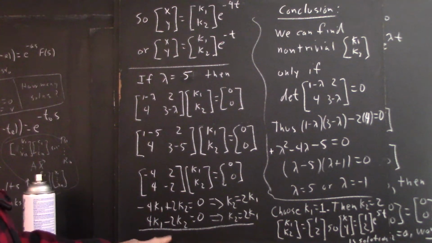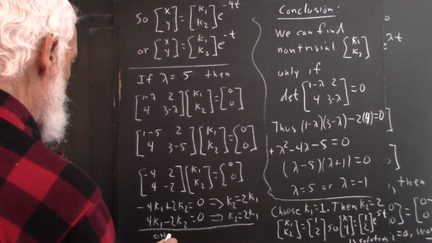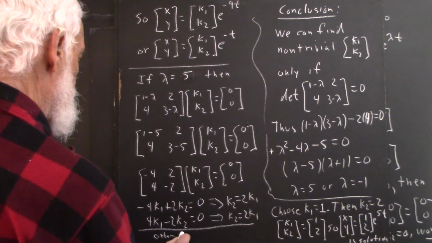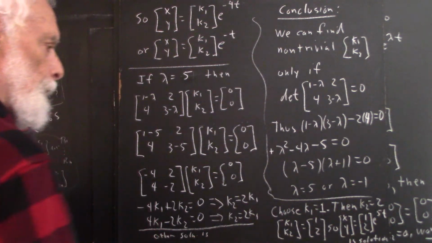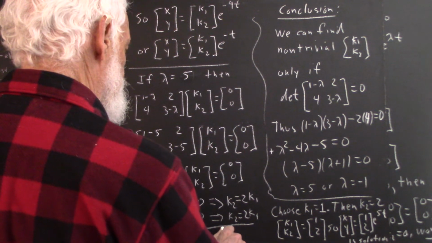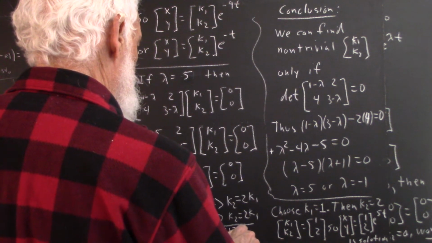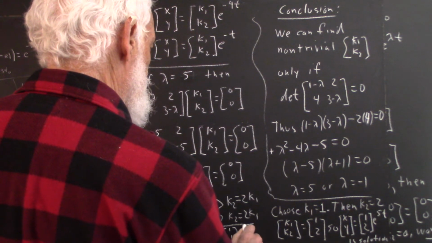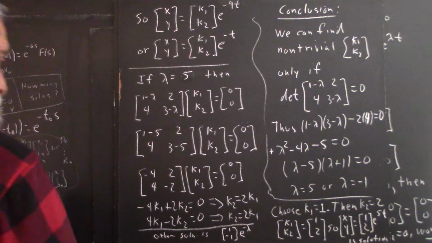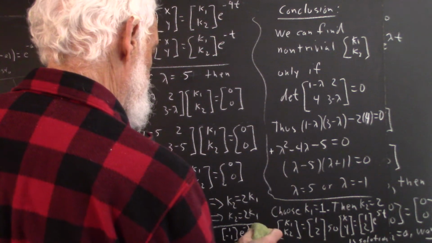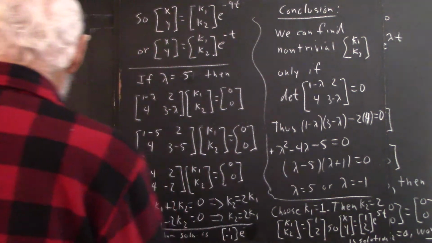The other solution, make sure I've got some room, other solution is I could write as 1, -1, e to the negative t, lambda being -1, it would be e to the negative t.